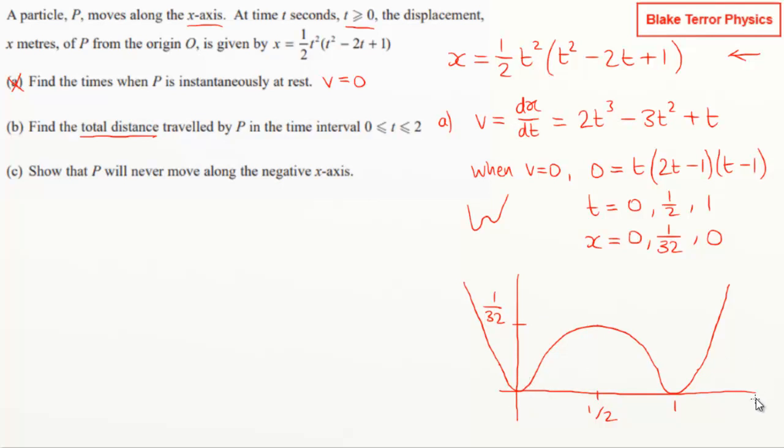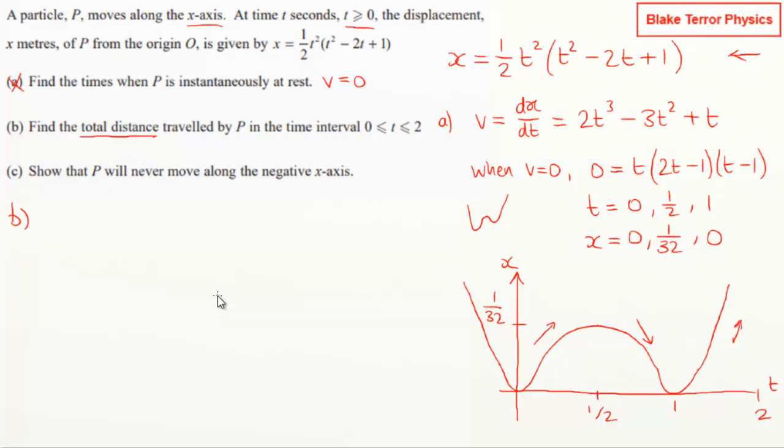If we're going from 0 up to 2 seconds for our integral, then here we've got positive velocity, here we've got negative velocity, because this is our displacement time graph. And then here we've got positive velocity again. So we need to divide this up into 3 regions to make sure we're getting total distance travelled.